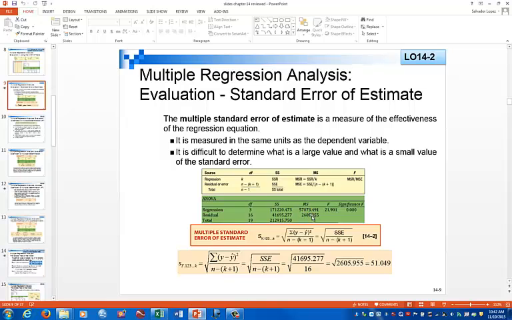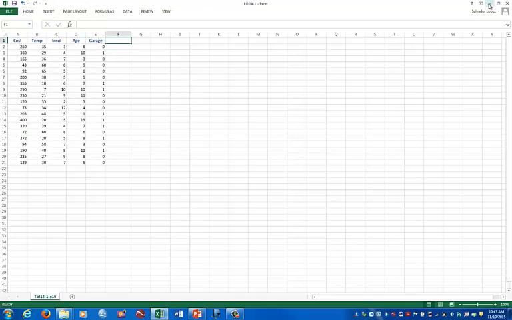The MSE, remember, is a variance of the residuals. When you take the square root of a variance, you get a standard deviation. That standard deviation is, in this case, 51.04, the square root of 2605, and it's called the multiple standard error of estimate. And this is how you can estimate this.